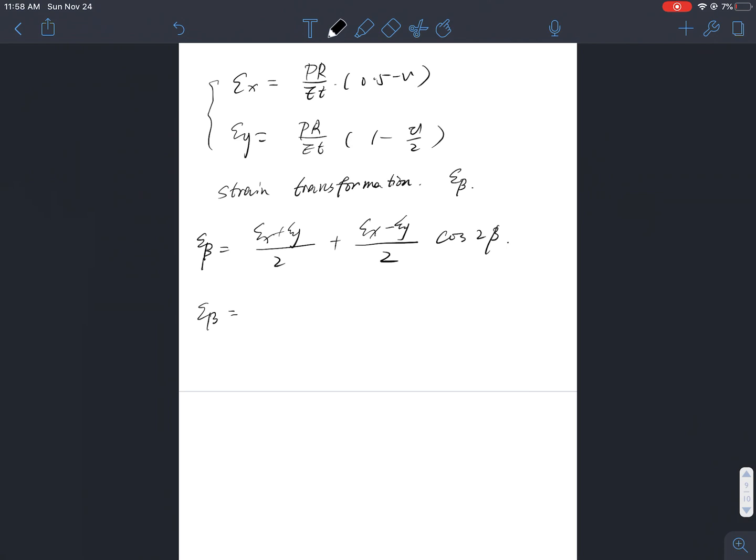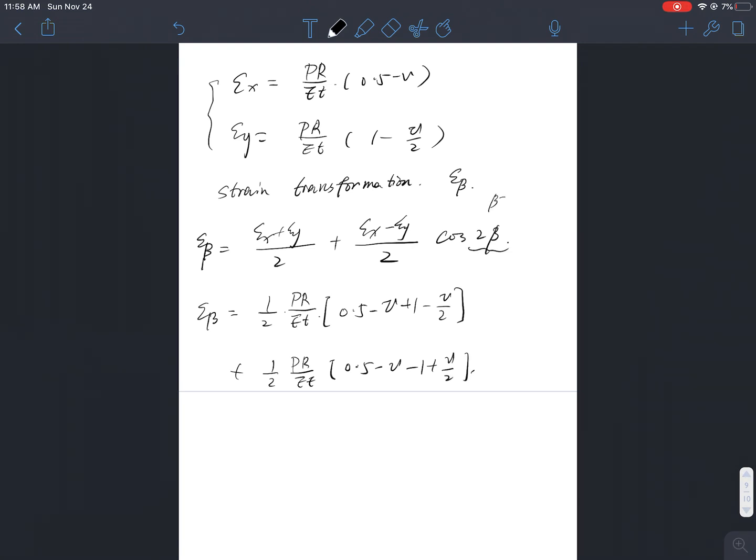So epsilon beta equal to half PR over ET, bracket inside 0.5 minus nu plus 1 minus half nu, okay, plus PR over ET, 0.5 minus nu minus 1 plus nu over 2.